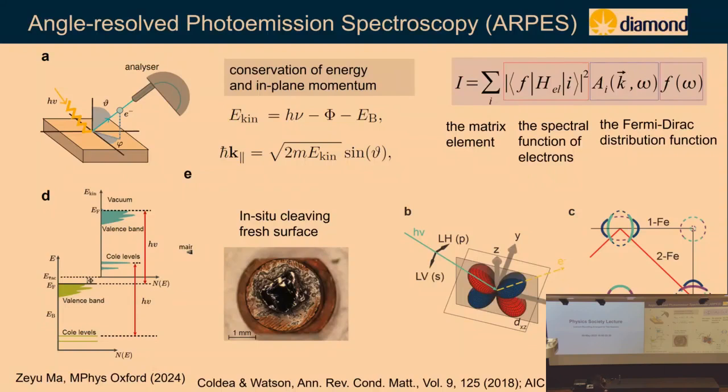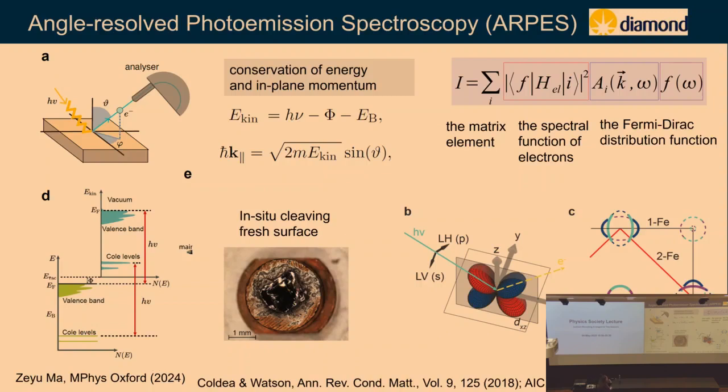So now I'm going to describe one of the techniques that we have used already in our research, which is angle-resolved photoemission spectroscopy, or ARPES for short. The experiments we've done are at the Diamond Light Source, very close to Oxford.